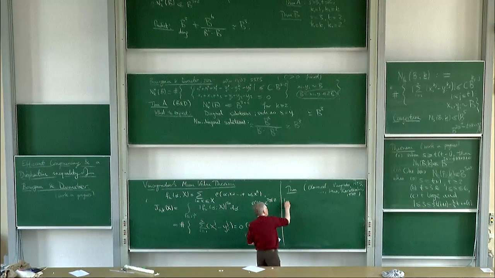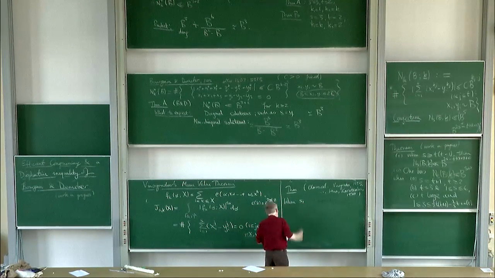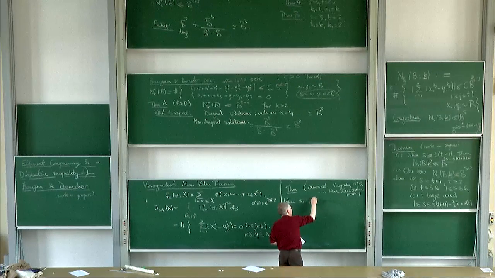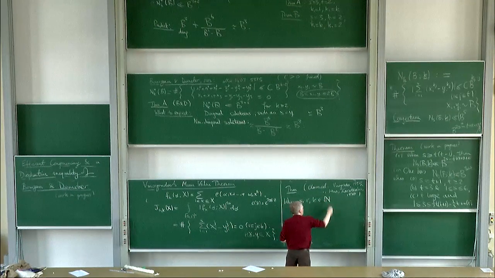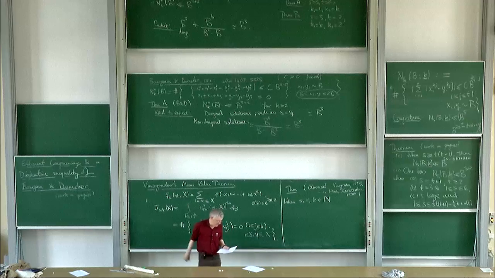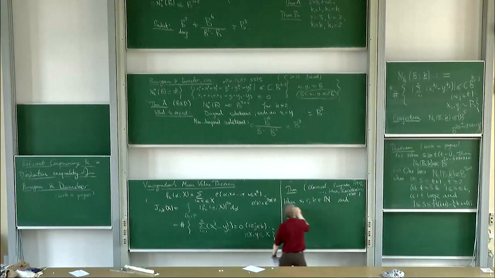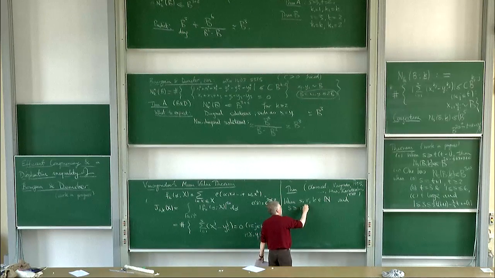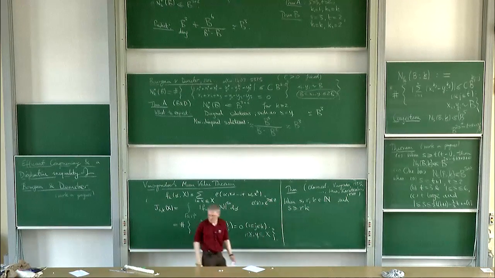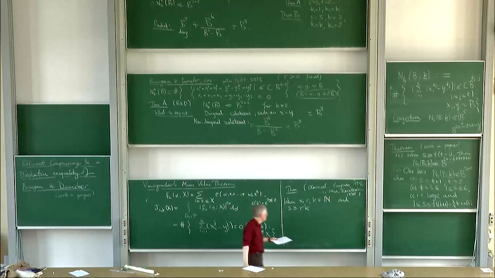And what does this theorem say? I'll state it like this, and we'll interpret it in just a moment. Suppose that s, r and k are natural numbers, and s is at least as big as r times k, so it's at least as big as this multiple of k.